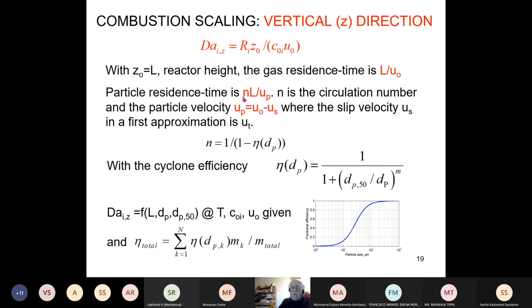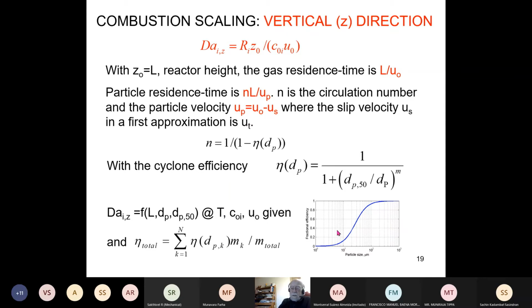So it depends on this circulation number of the cyclone. You remember the circulation number was related to the efficiency of the cyclone, which in turn was related to the particle diameter. So we have this thing that determines how many times a particular particle size can circulate.